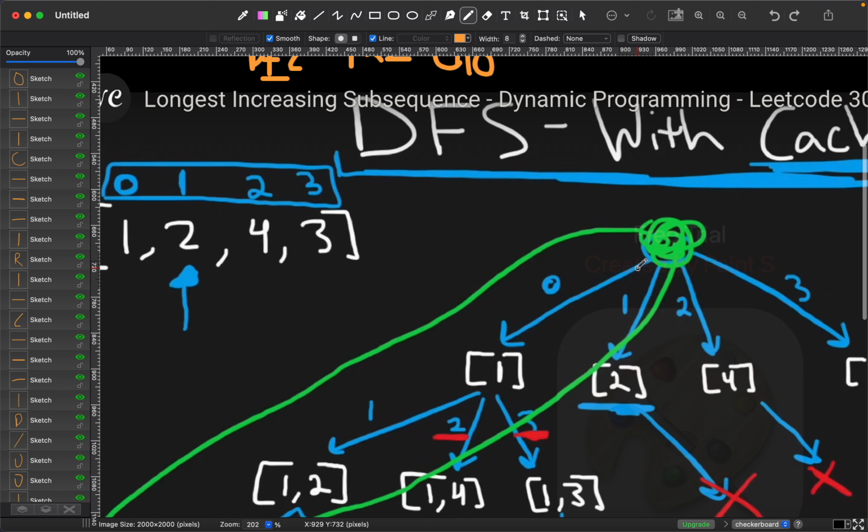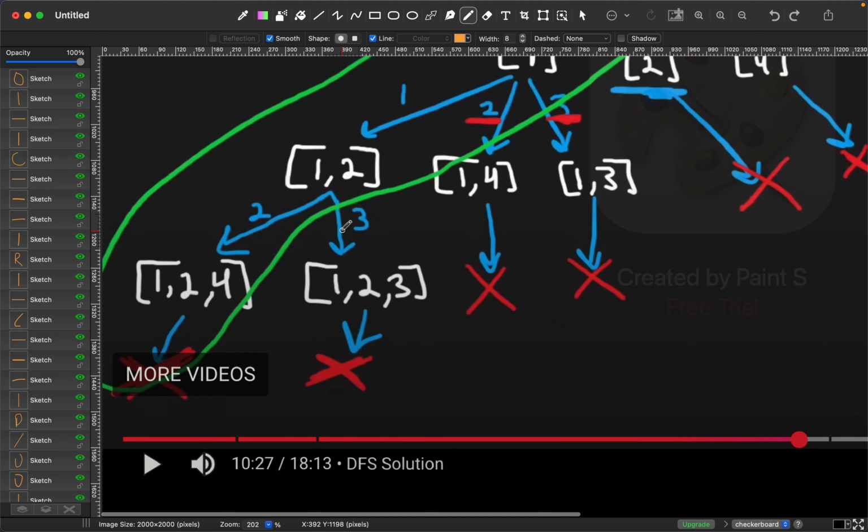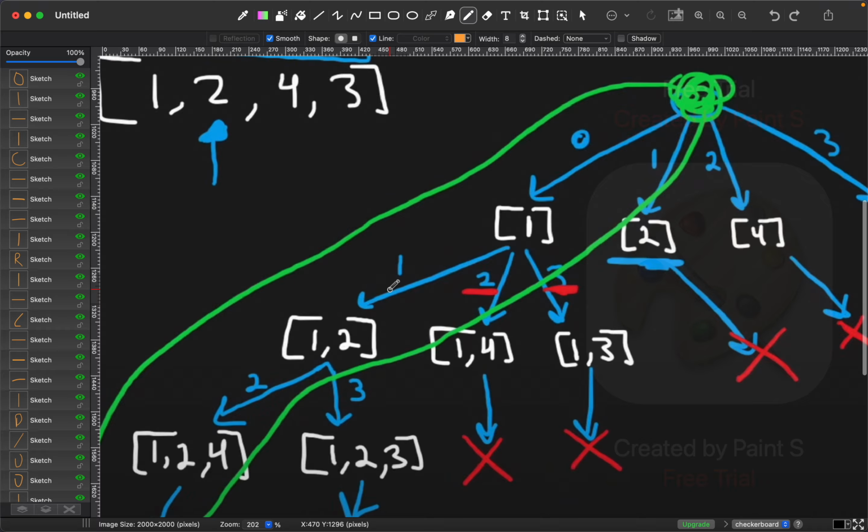But for this case, whatever we are concerned of is that we need to make sure that this guy is within the scope.